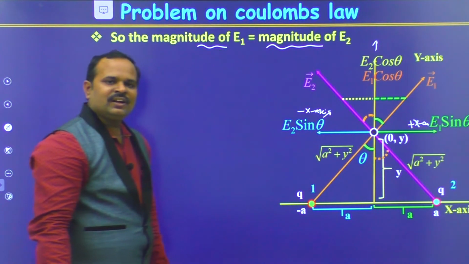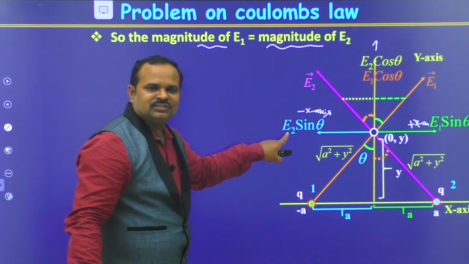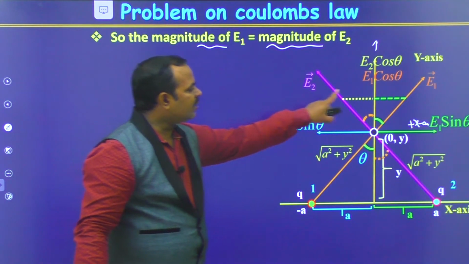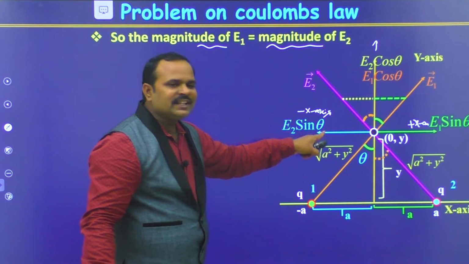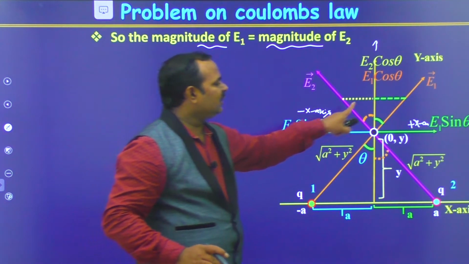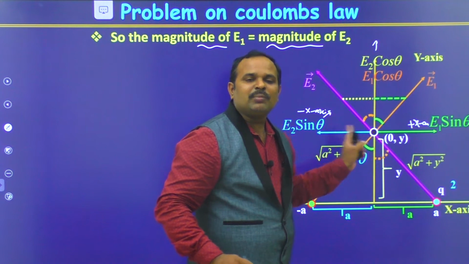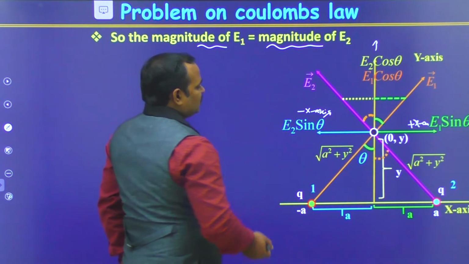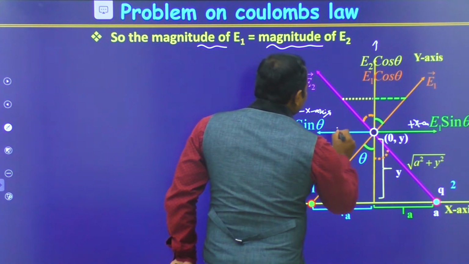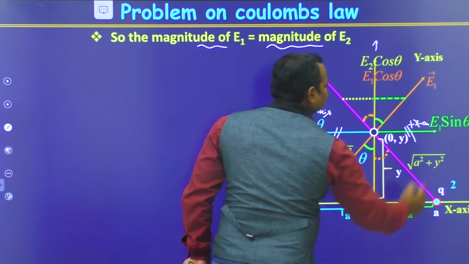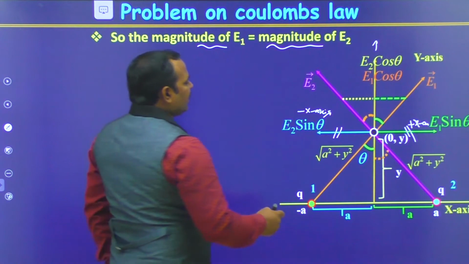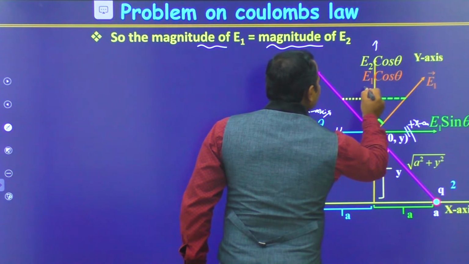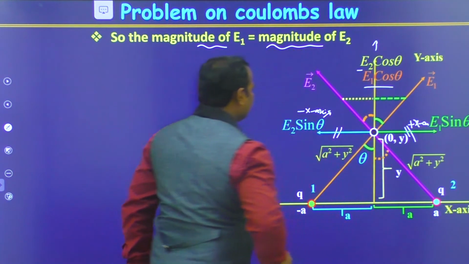And if you see here, magnitude of E2 and magnitude of E1 both are same, and that means E2 sin theta is exactly equal to E1 sin theta. So the both are in opposite direction. So when you vector sum, these two components will be cancelling each other. So the resultant electric field is only in this direction, that is E1 cos theta, E2 cos theta.